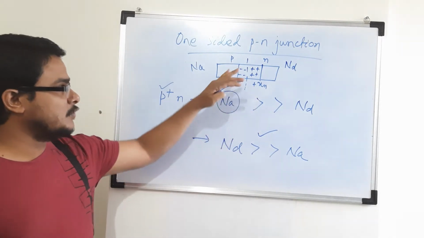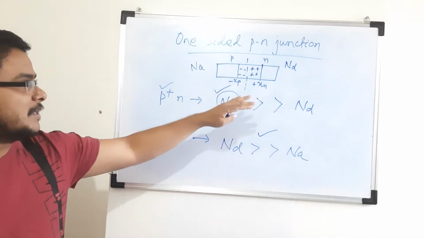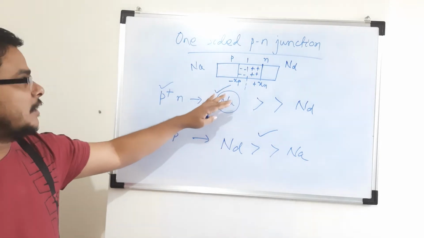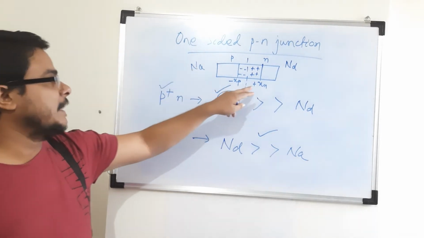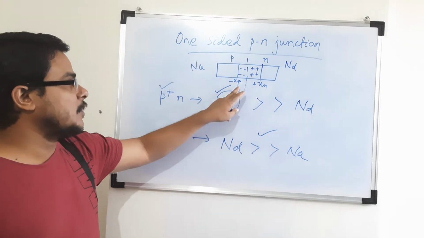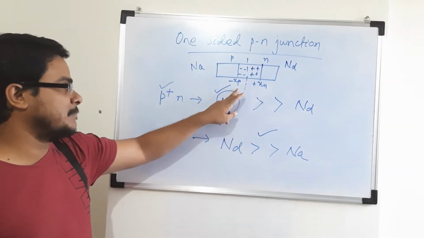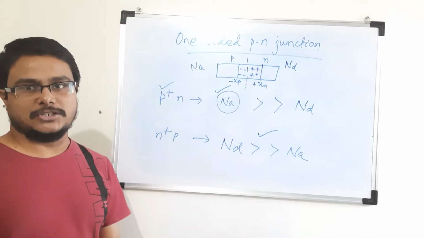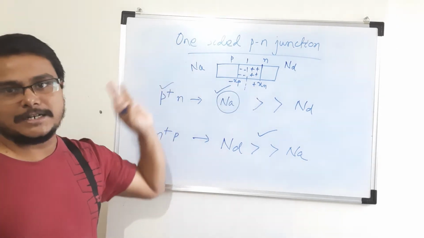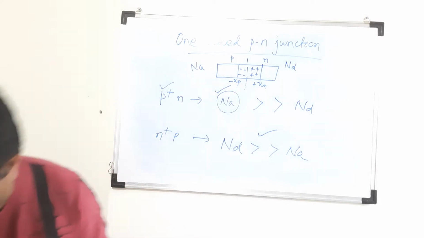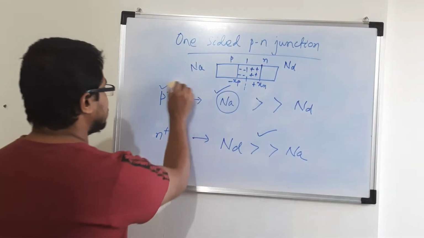So now we are going to see, in the reverse applied bias condition, what will happen to the xn value, the xp value, W, that is the space charge width, which we said is xn plus xp, and the junction capacitance value, for a one-sided PN junction. This is what we are going to see in this particular video.